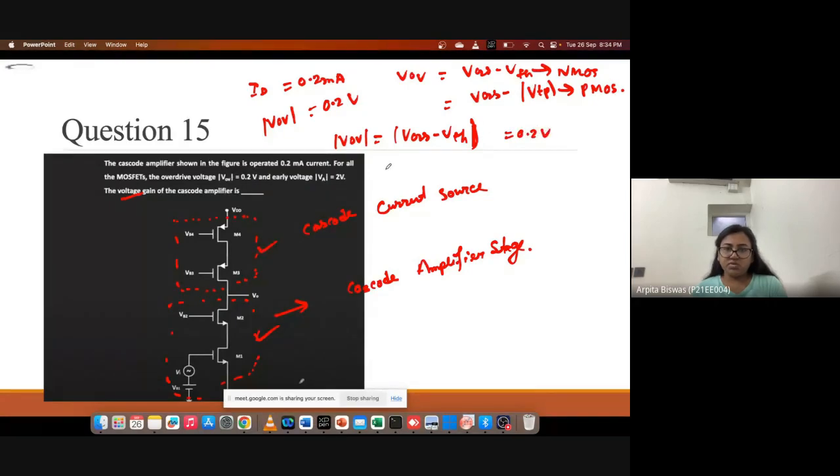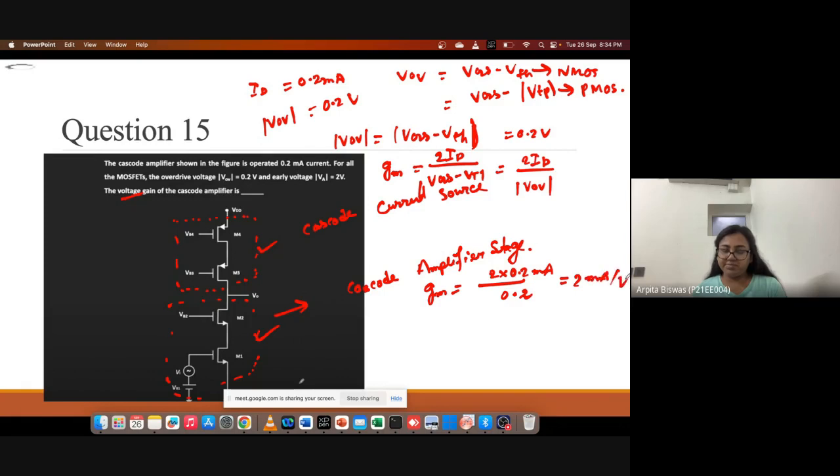So mod of V overdrive is equal to mod of VGS minus VTH, equal to 0.2. Now we can find the transconductance, gm, which is twice ID times mod of VGS minus VTH, equal to twice ID times V overdrive. Twice 0.2 milliamps per 0.2 is 2 milliamps per volt.